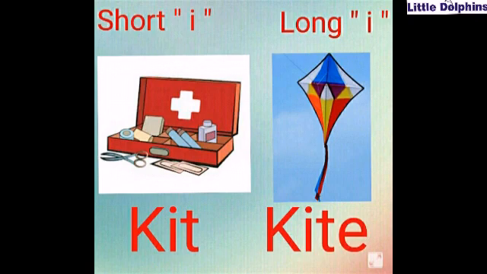It will be kite because it has vowel E at the end of this word. So there will be long sound of vowel I, that is I. This is kite.